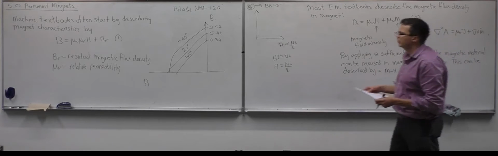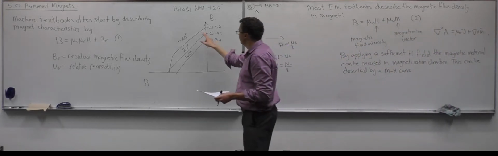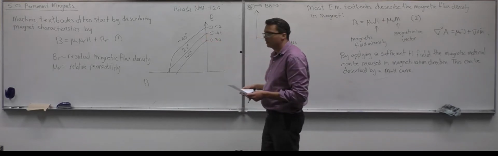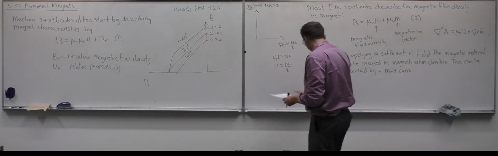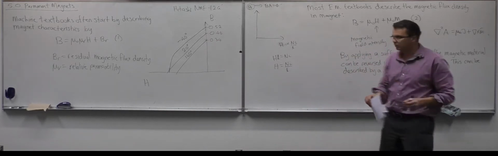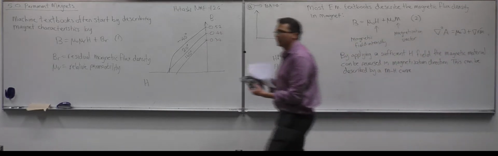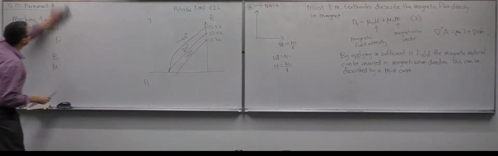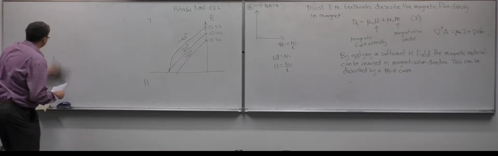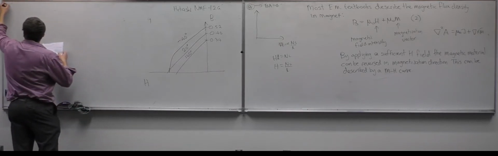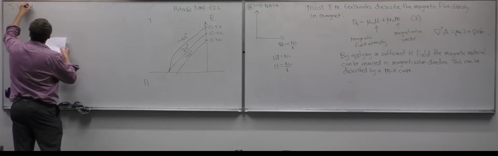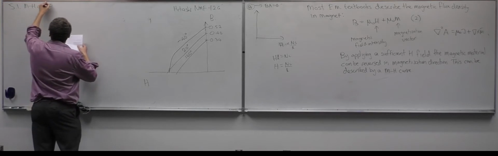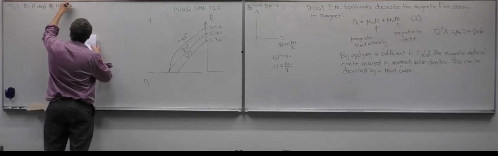So this is a BH curve here. I want to explain how the BH curve can be obtained from the MH curve, MH and BH curves.